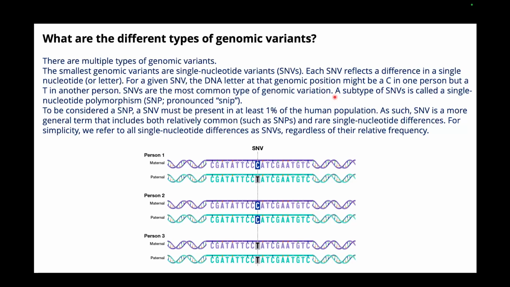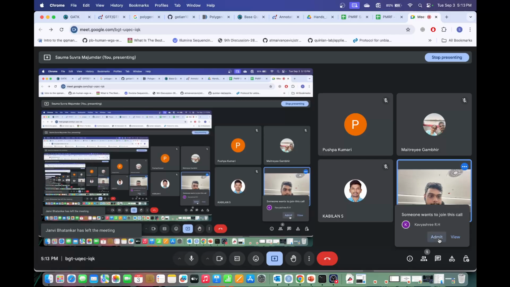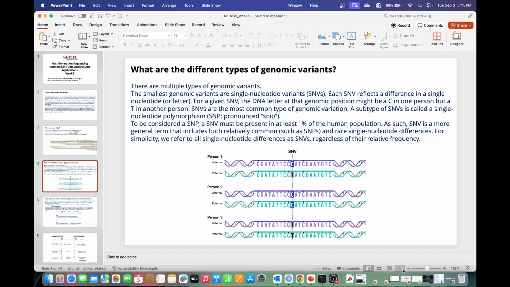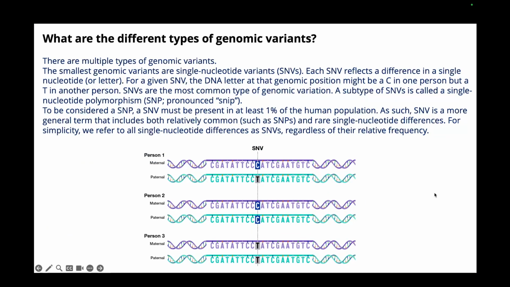So what happens is, even if you have taken a reference genome for a human, which is mostly a European genome, and you take a sample of Indian origin or of African origin, sequence it and align it with the reference genome, which is obviously European, you'll find a lot more variations compared to aligning a European sample to that particular genome.